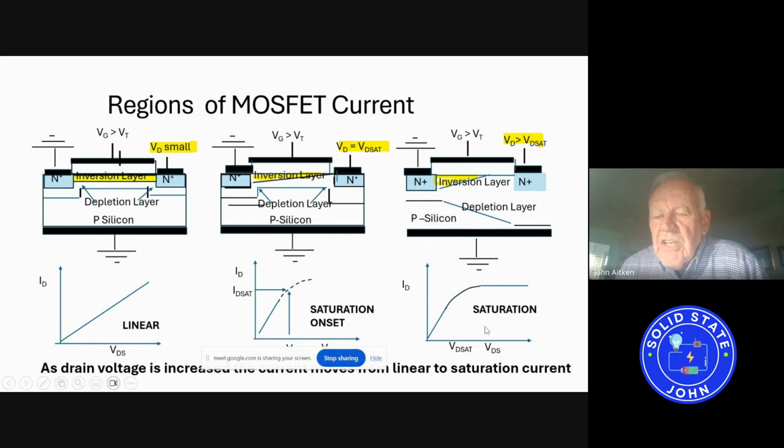Finally, in the saturation region, the drain current, after it reaches the saturation onset point, will level out to a value and not increase, even though the drain to source voltage is increasing. We'll talk about this again as we go on later and give a more physical explanation of why that happens.